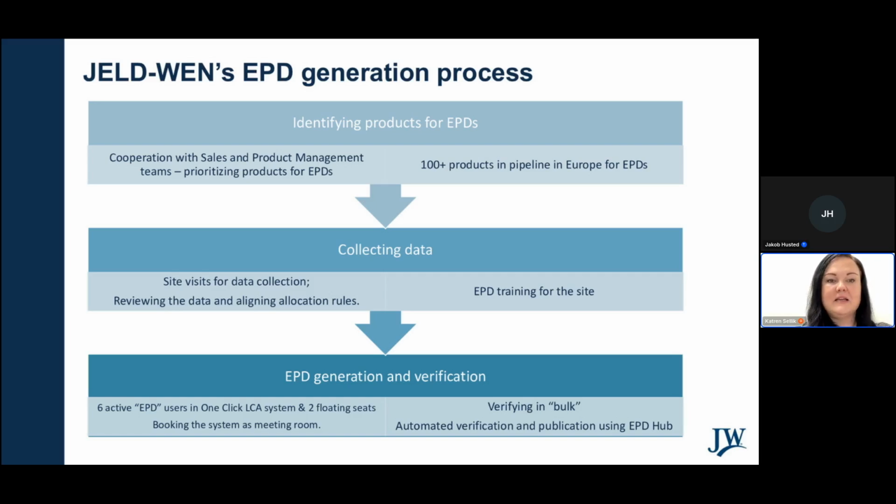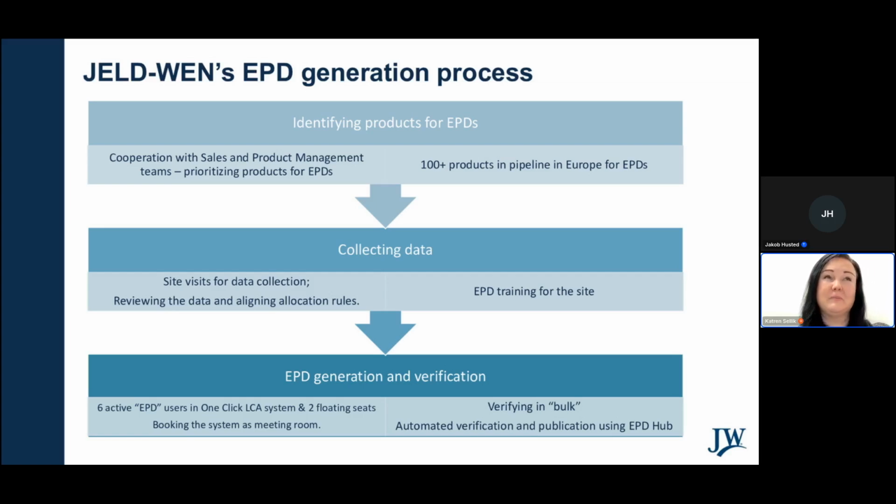So this has worked really well as well. And for the verification and publication side, as there are several people working with EPDs, we like to do, so to say, bulk verifications. As I said, right now we gave in 10 EPDs at the same time for verification, and we use the EPD Hub.